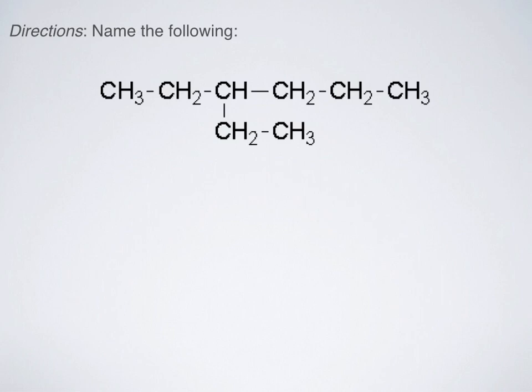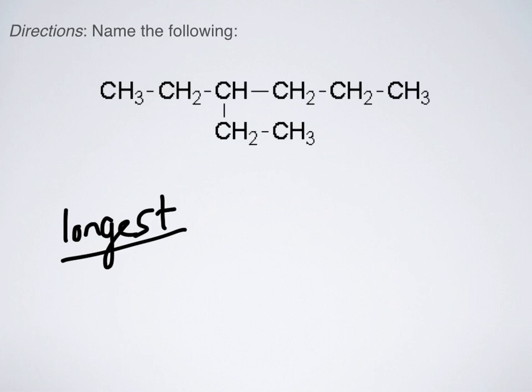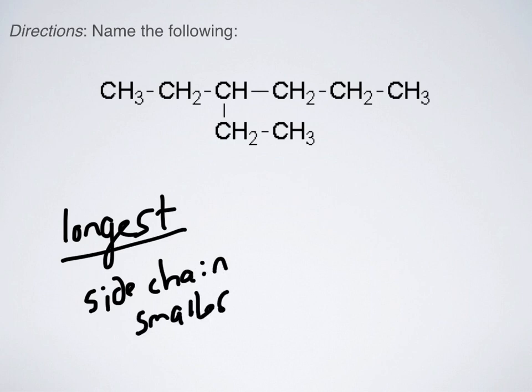Okay? Each and every one of those is a possible way of numbering this. But which one gives me the longest chain, and as a little subcategory here, also gives me my side chain or branch as the smallest number. Those are the two things I'm looking for.